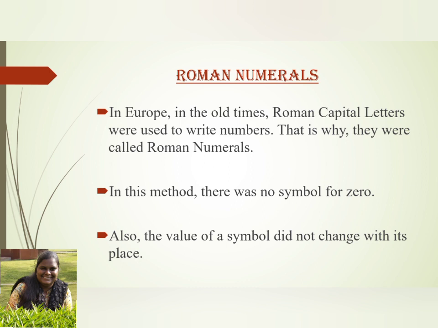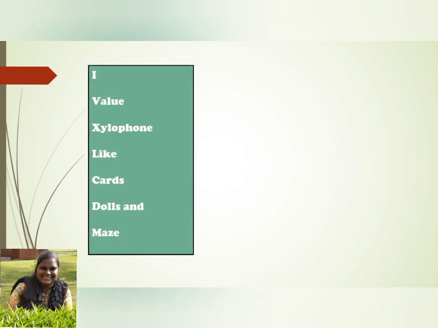Children, do you know how many Roman numbers there are? There are 7 Roman numbers. Now, to memorize them, you may find it difficult. So, I have something to show you. Read this: I value xylophone like cards, dolls, and maze.